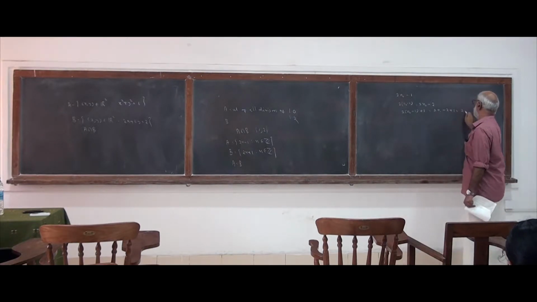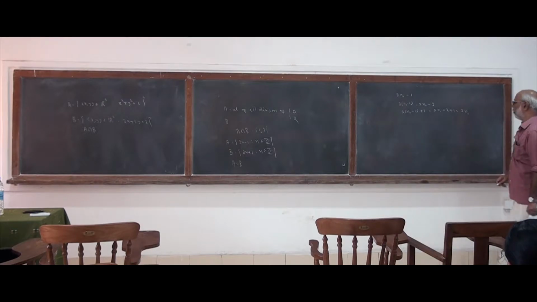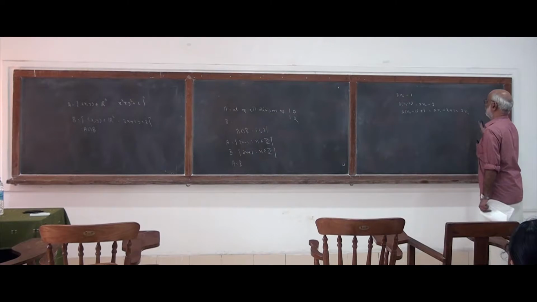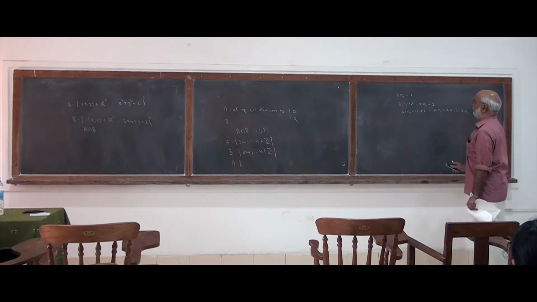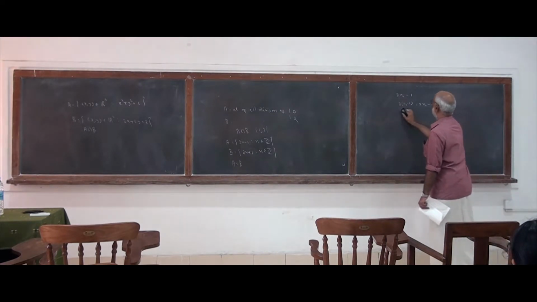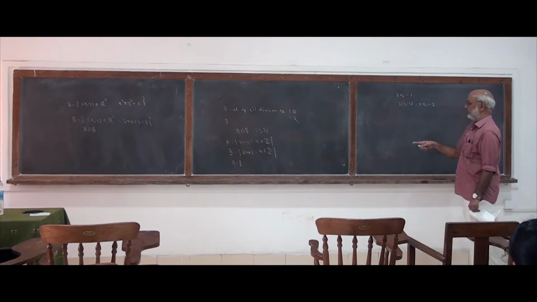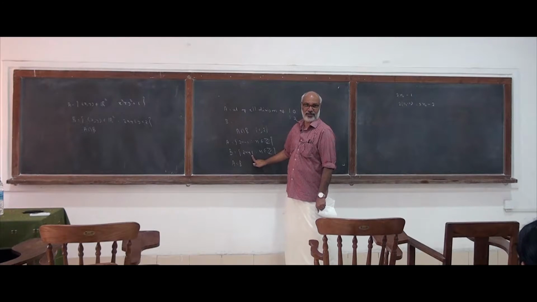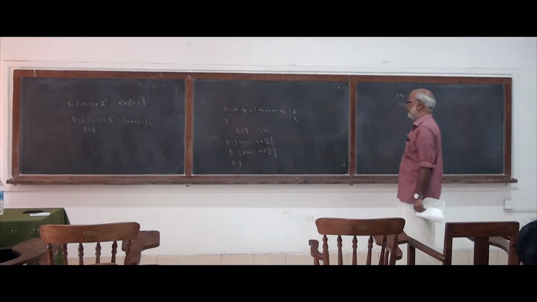Clear? What I want to prove is that this is an element of the form 2n plus 1.